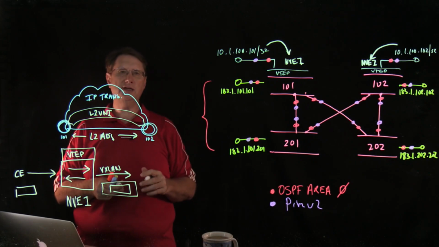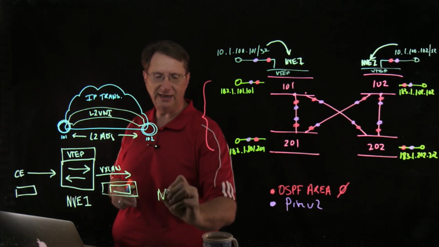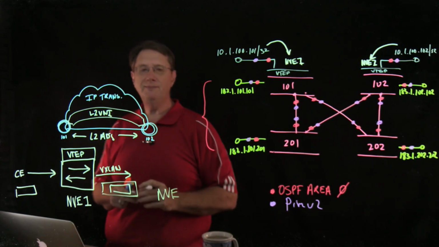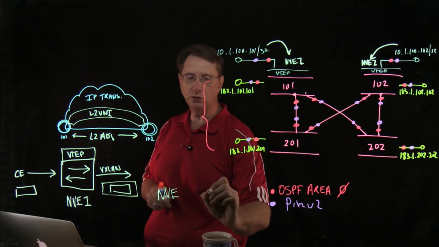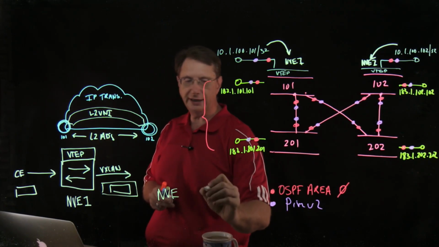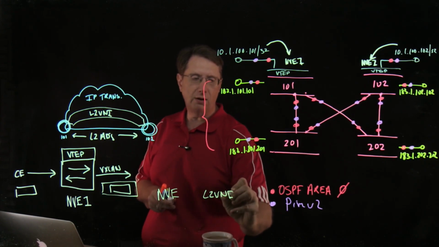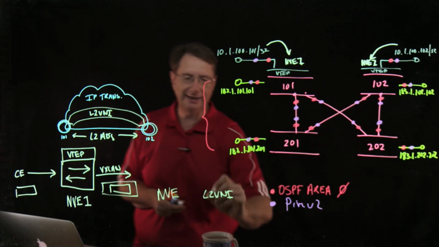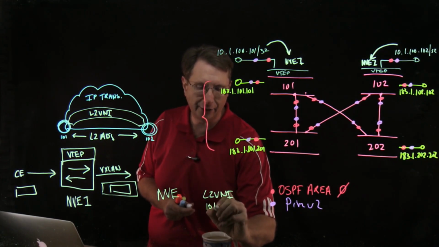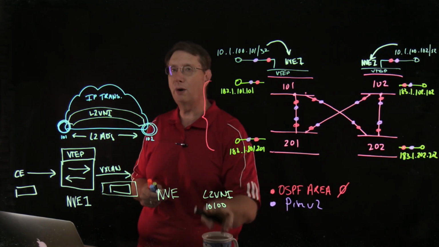So when we start looking at this, there's going to be three pieces to this equation. We have the NVE, the Network Virtual Edge interface. And that Network Virtual Edge interface is going to allow me to create my Layer 2 VNI. Now, the Layer 2 VNI is going to be encapsulated using a header that we're going to use for the purposes of our lab. It's going to be 10100.